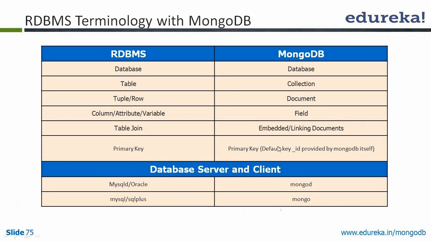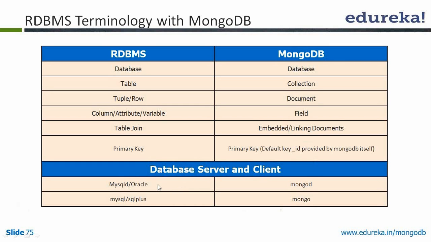For the primary key, the default _id is there. Just keep in mind, guys, if you insert any document, MongoDB automatically attaches one _id field that is unique across your collection. Apart from that, you can also define _id as a unique value. It may have a number or character value in it.